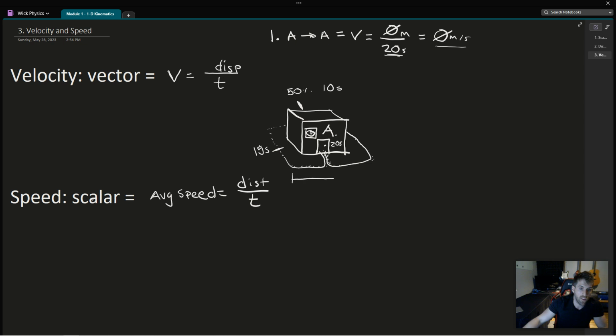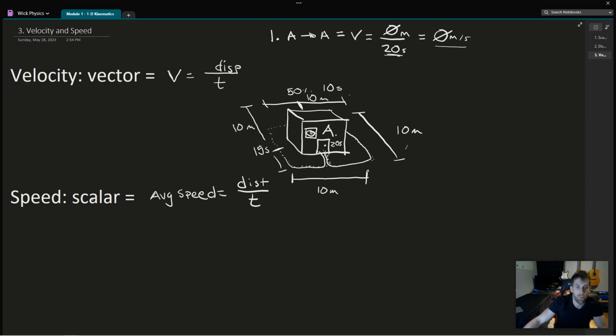Okay, we'll say a perfect square. Each side of the house here is 10 meters. So if that's 10 meters, this would be 10 meters. This up here would be 10 meters. And finally, this down here would also be 10 meters.